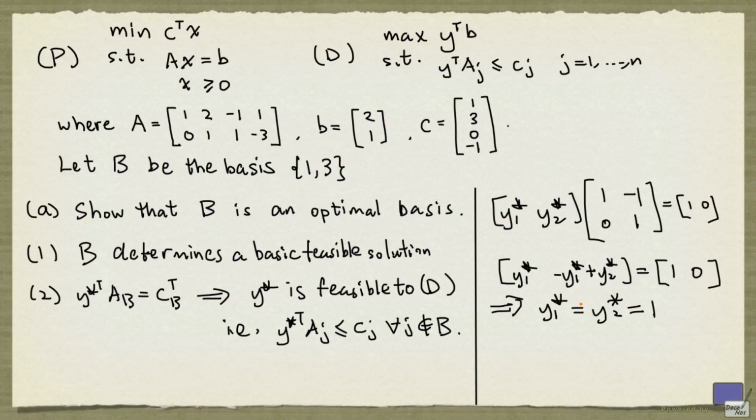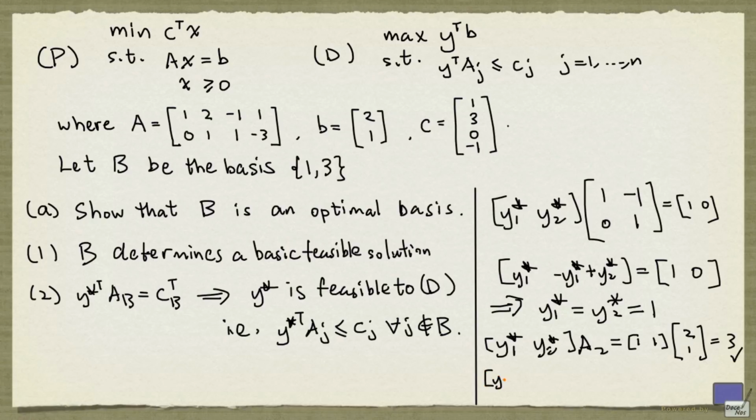So once we have this, we need to check these conditions. When j is 2, this product equals (1, 1) times (2, 1), and that's equal to 3. And 3 happens to be the same as the second entry of c, so that's fine.